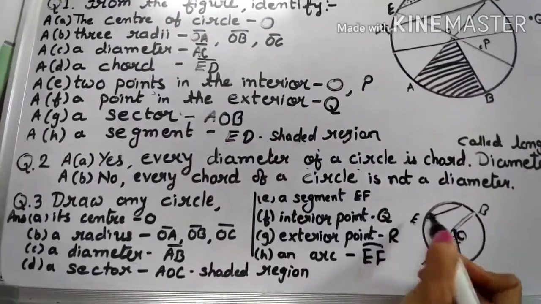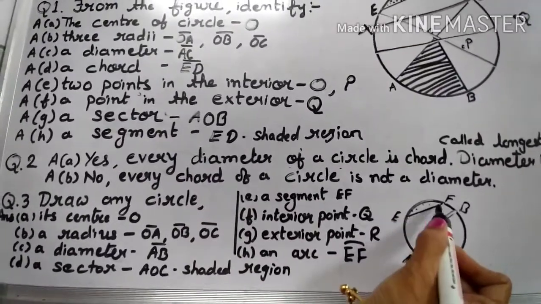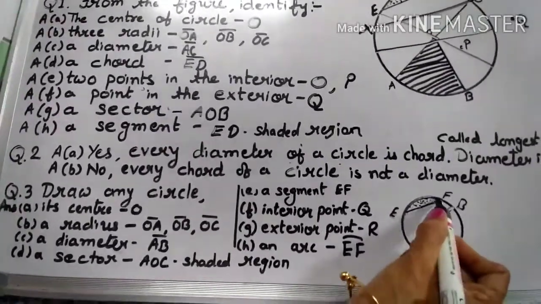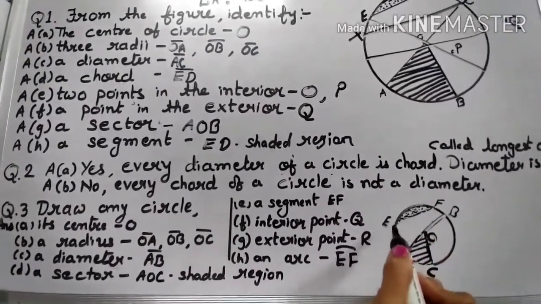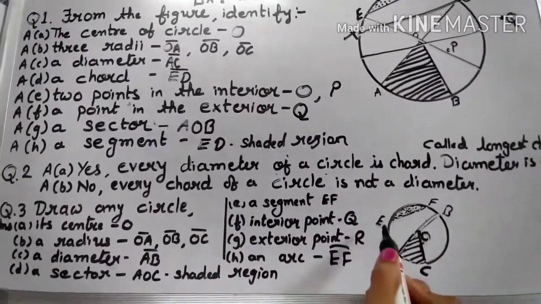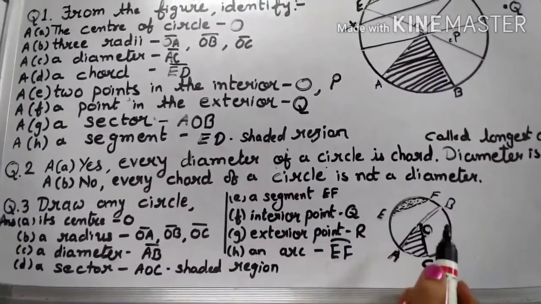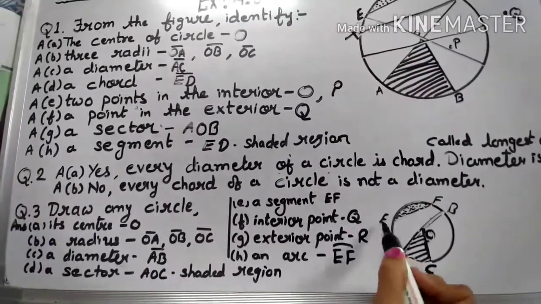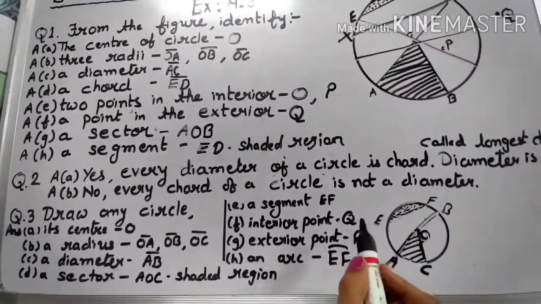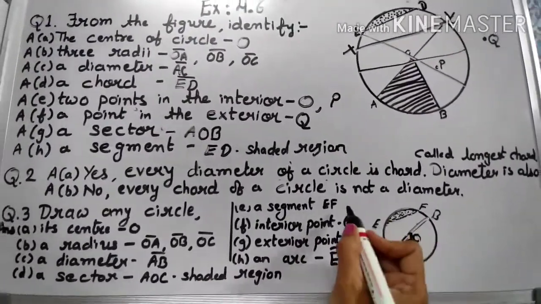Let's give it the name EF and let's shade this part. So this interior region formed with the chord is called a segment. This is your segment EF, the shaded region.